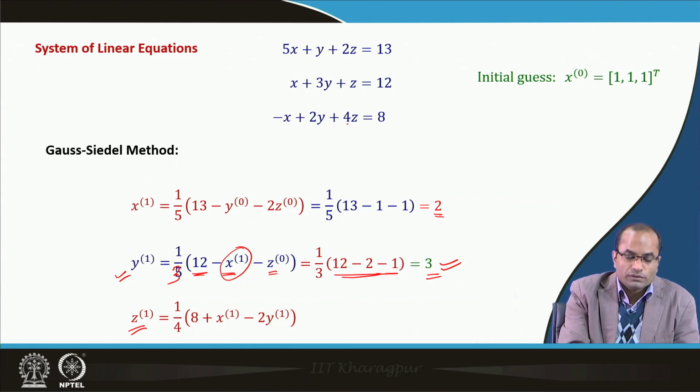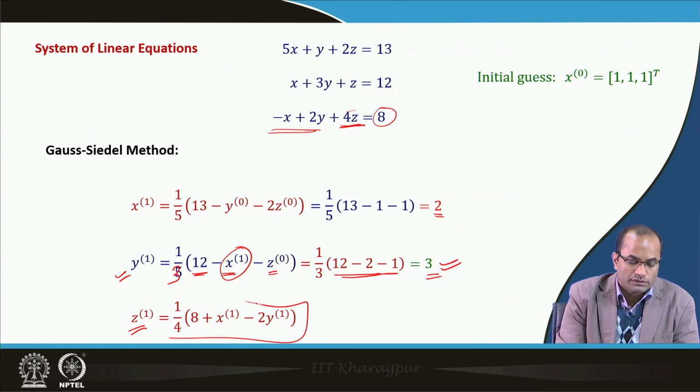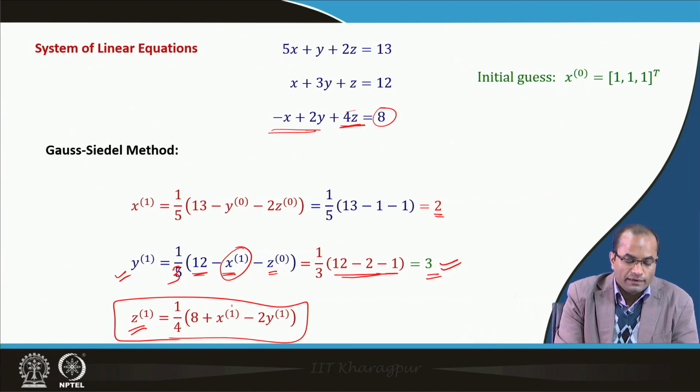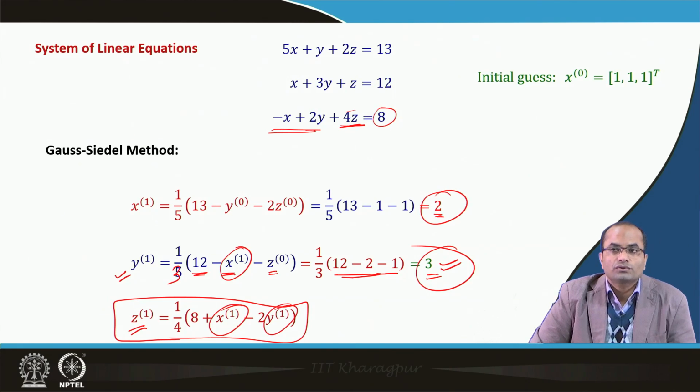Coming to the third equation. So, we will naturally get this 4 z equal to 8 minus or plus this x and minus 2 y, and then this 4 we will divide. So, this will be the setup for the iteration scheme, and now x 1 is available and also the y 1 is available.